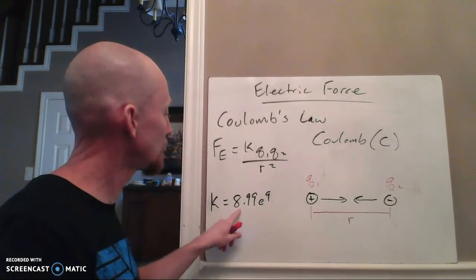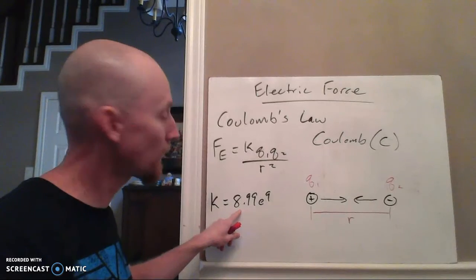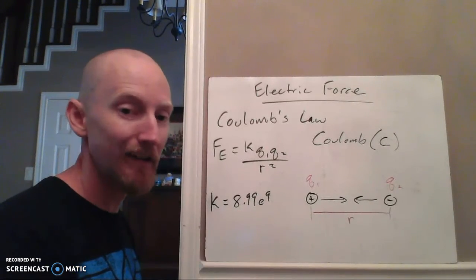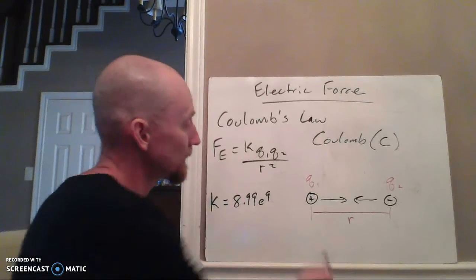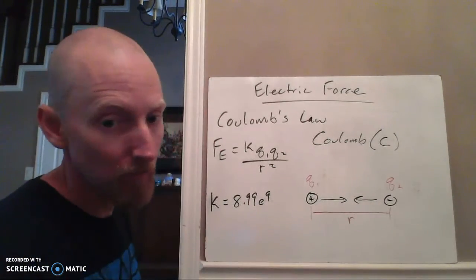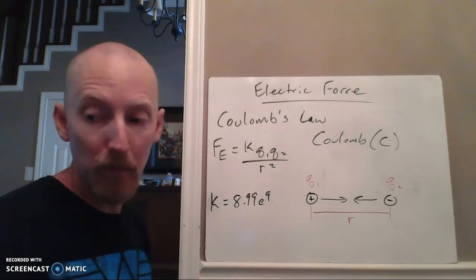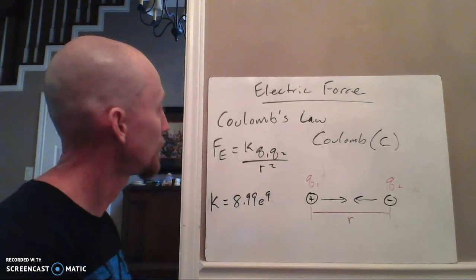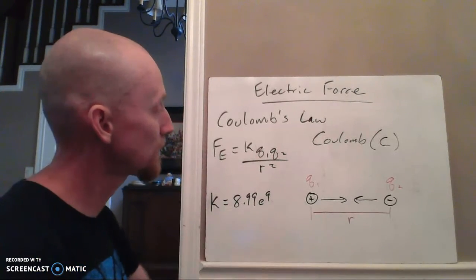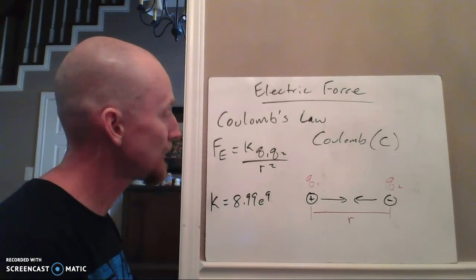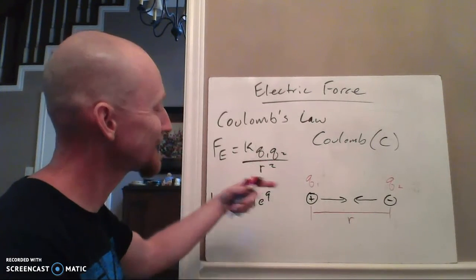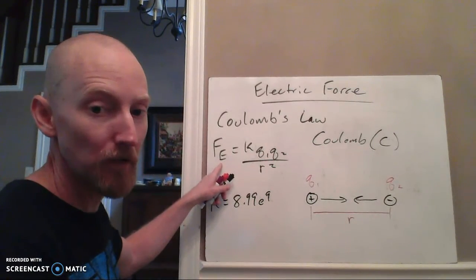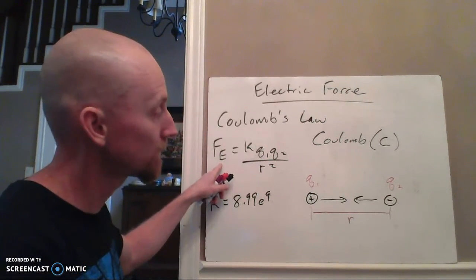K is called Coulomb's constant, and it's a very large number, 8.99 e to the 9th. It's a constant. R is the distance between their centers, and it's squared. And a lot of people forget that square. So that's a thing, and this is how you would calculate that force. And here, if you have a positive and a negative, then technically speaking, your force would end up being negative, right?